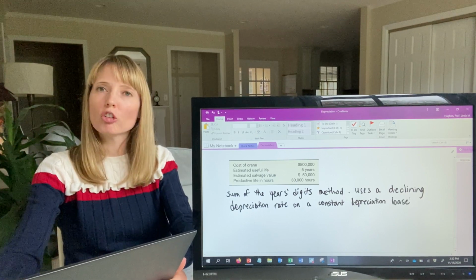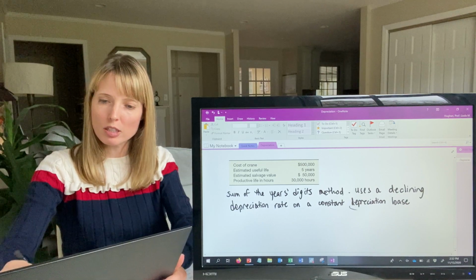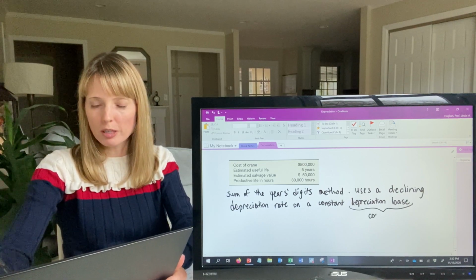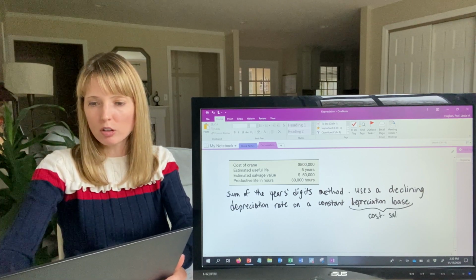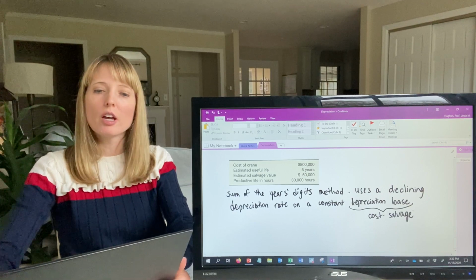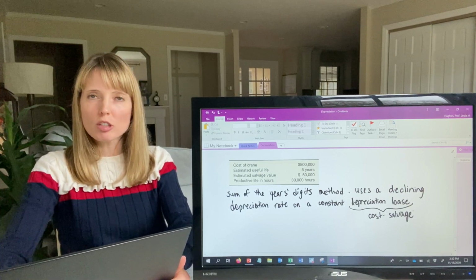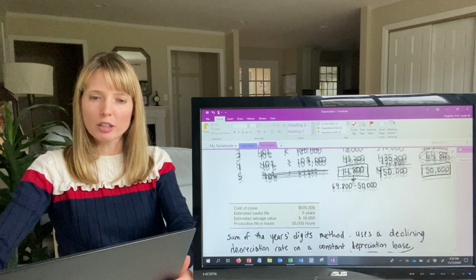And remember, depreciation base or depreciable base is equal to cost minus salvage value, the net cost to the company of that asset.